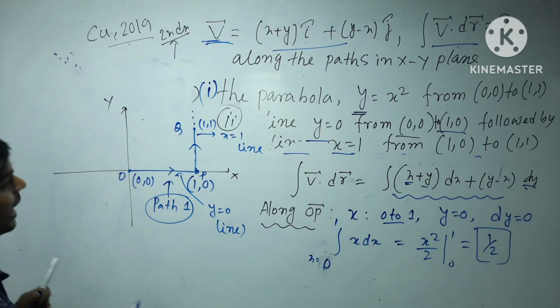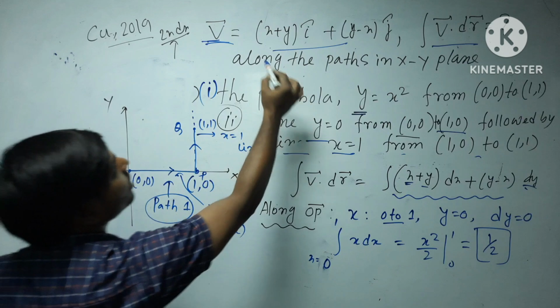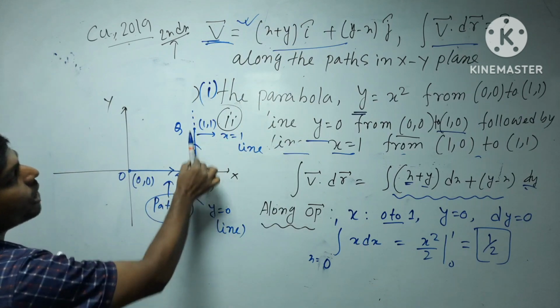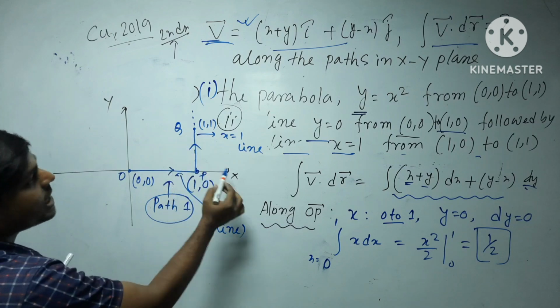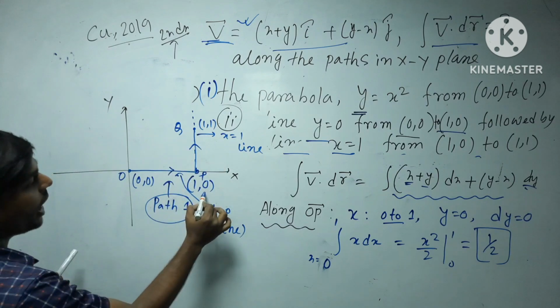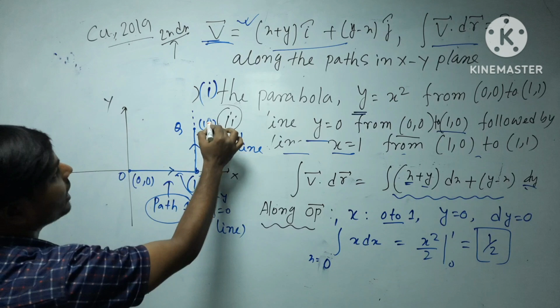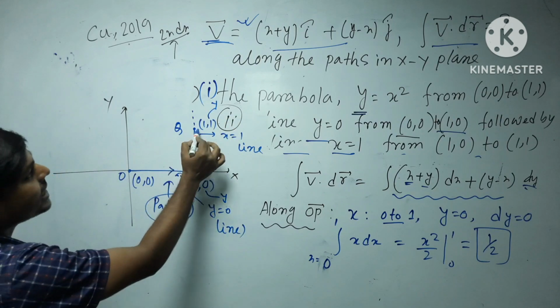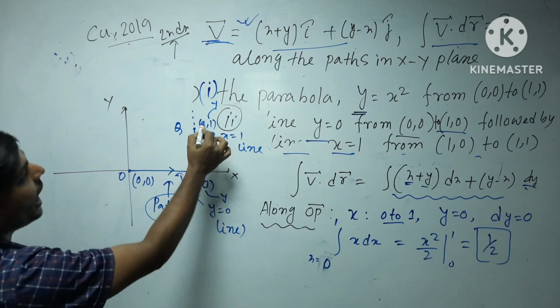Clear? Now then we have to integrate the same vector field along this line. এই লাইন বরাবর কে ভ্যারি করছে? Along this line y is varying, so y was 0 and now y is 1, so y is variable, x remains same, x was 1 and y 1.